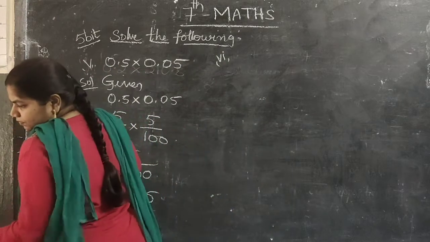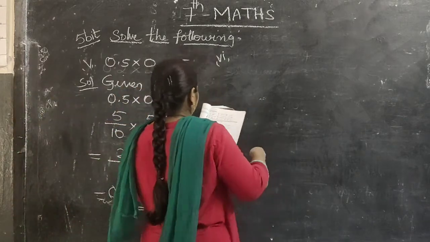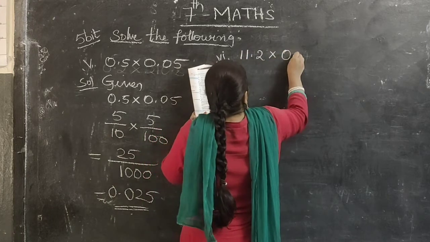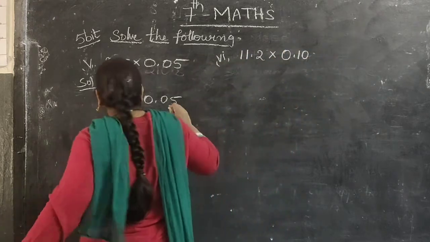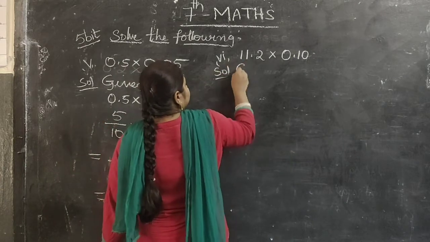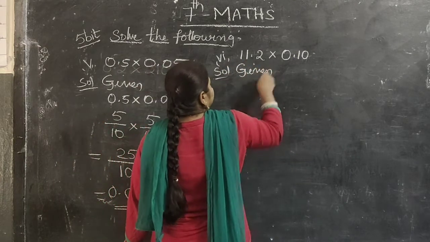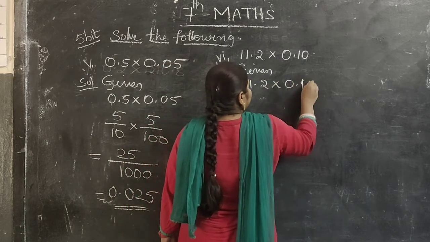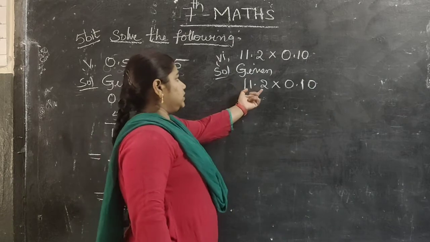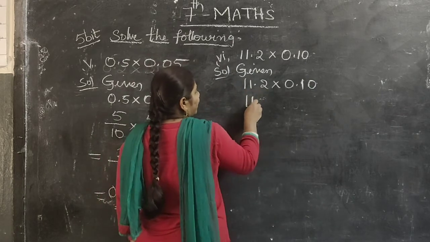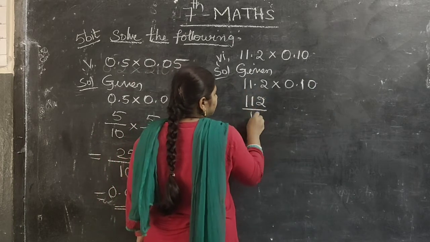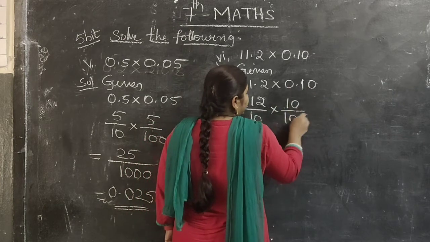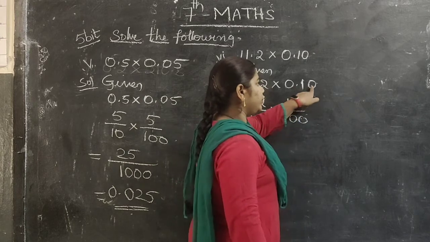Sixth one, 11.2 into 0.10. Given 11.2 into 0.10. So 11.2 can be written in the form of 112 by 10, into 0.10 can be written in the form of 10 by 100, because after point we are having two digits here.